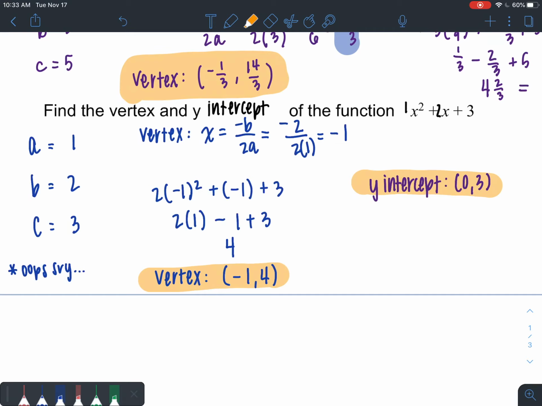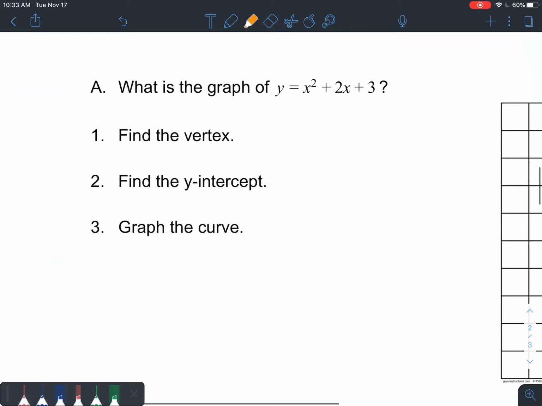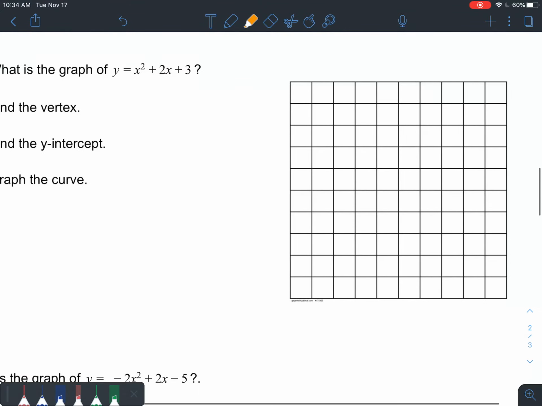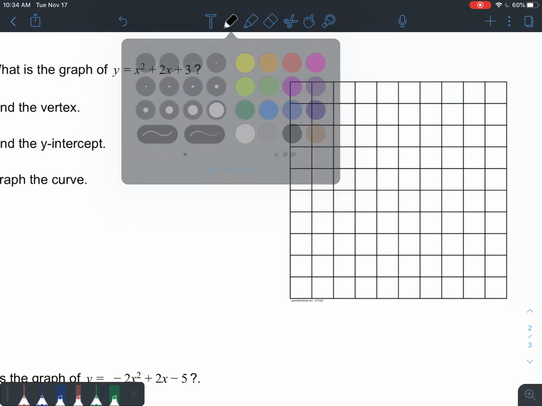All right. So now let's do some graphing. So for A here, I'm gonna go ahead and draw some lines in.